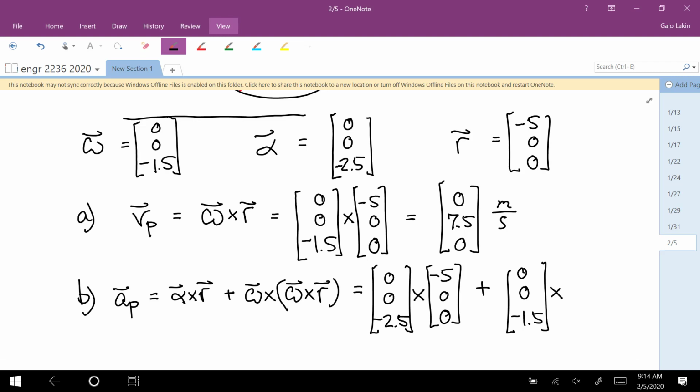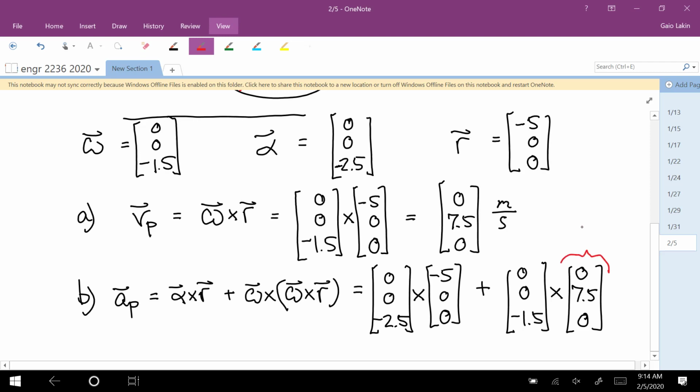So I'm going to write this as 0, 7.5, 0, but remember that this just comes from the watermelon equation, because this is omega cross r.